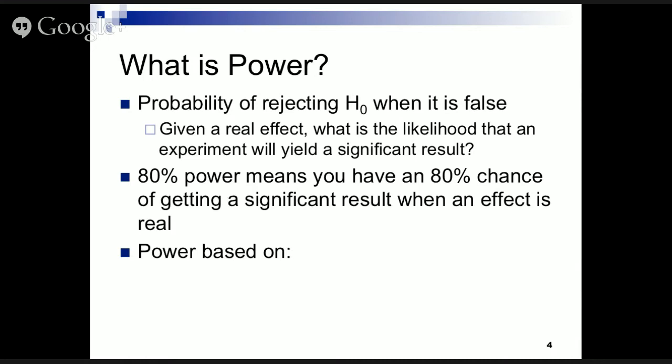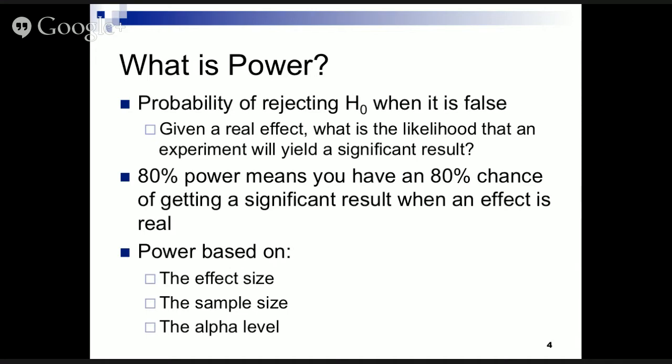The power of a study is based on a couple of things. It's based on the effect size that is out there in the population, it's based on the sample size you have in your study, and it's based on the alpha level that you choose. In some disciplines like psychology, there's a default alpha level, p equal to 0.05.